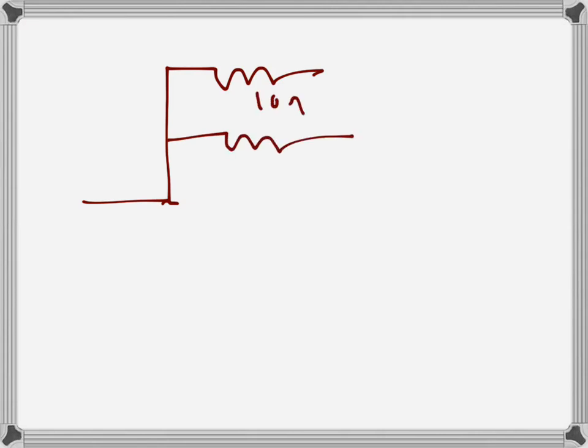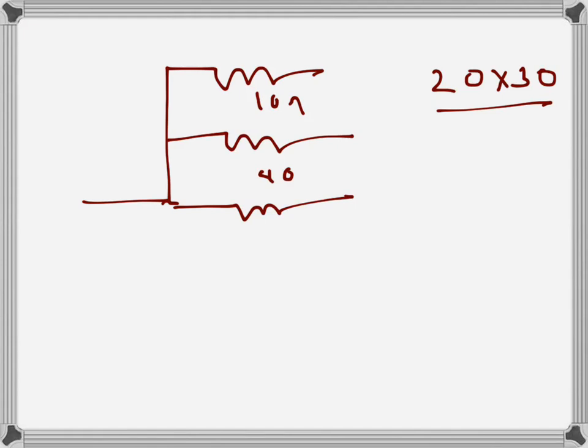So I will draw this again here, 10 ohms here, 40 ohms here, and here we will have the new resistance which will be the parallel equivalent of 20 and 30. So 20 times 30 divided by 20 plus 30, that's 600 over 50, so we have 12 ohms.